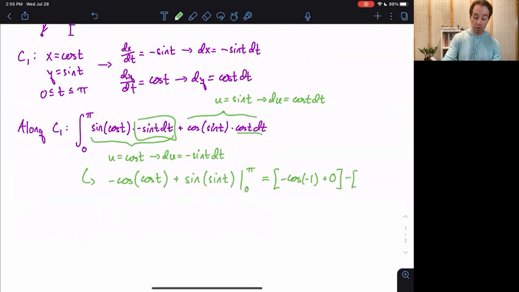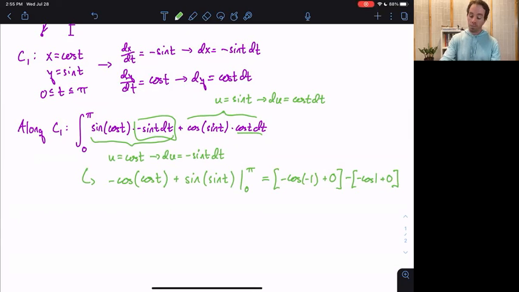And then minus the 0 evaluation, cosine of 0 is 1, and negative cosine of 1, we'll simply write negative cosine of 1. Then sine of 0 is 0, and sine of 0 again is 0. So this will be plus 0, which of course you can simply choose not to write.